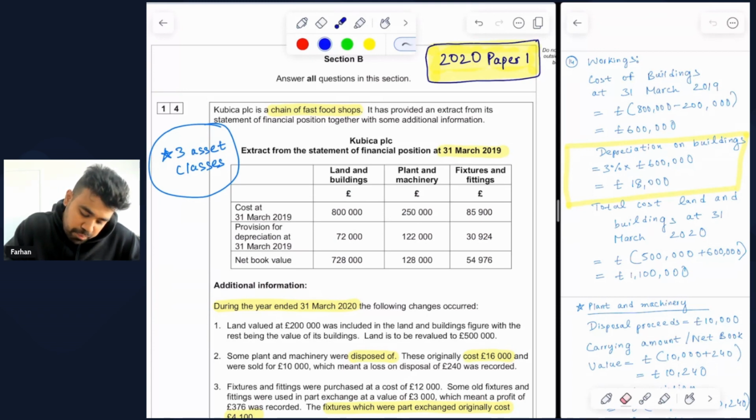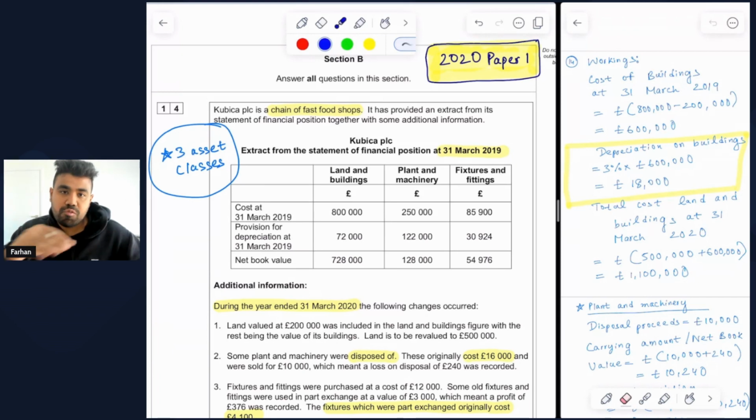We know that the fixtures and fittings that we have got rid of was exchanged at a value of 3,000, on which a profit of 376 was recorded. Okay, so if the disposal proceeds is £3,000 for the fixtures and fittings we have disposed, and we have made a profit of £376, then that means the net book value of the fixtures and fittings that we have sold should be 3,000, being the disposal proceeds, minus the 376 in profit.